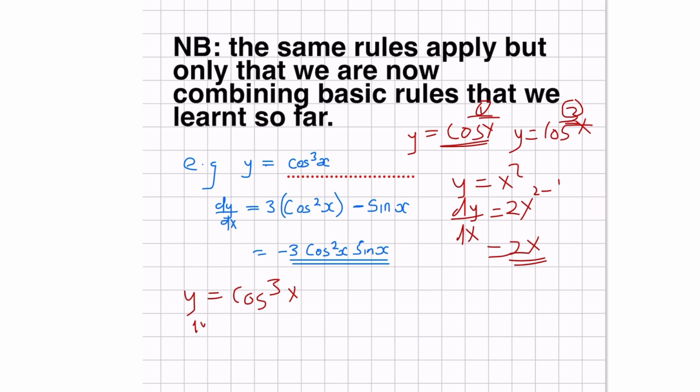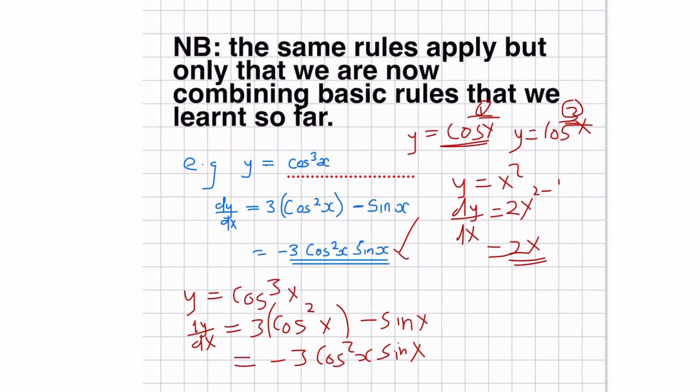So dy over dx, we're going to bring down the power 3, cos to the power of 3 minus 1, you're going to get cos squared x. Then we are going to differentiate now, what is the derivative of cos x, right? The derivative of cos x is minus sine of x. So finally, our answer will be minus 3 cos squared x sine x. So that's what we have here.